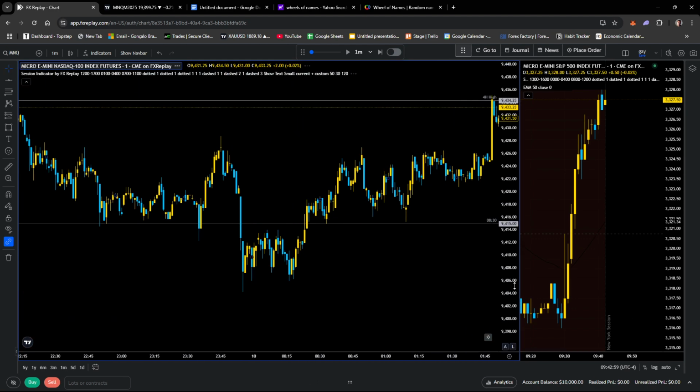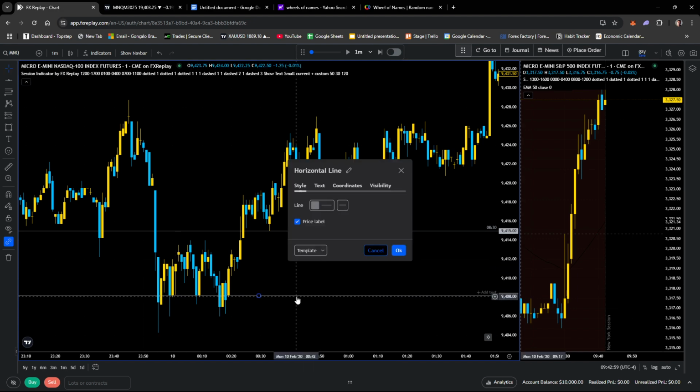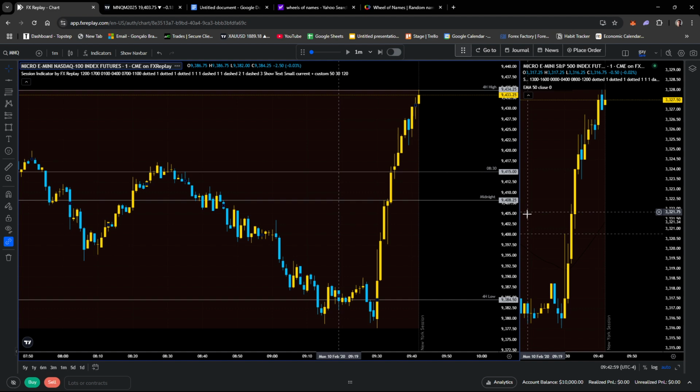Midnight opening price is here. We're just about sweeping high. Continuations would be bullish then.